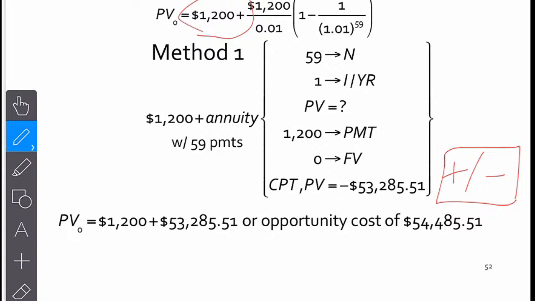No questions? Everyone gets it? If you didn't get it, make sure that you are putting a positive sign on this result and then adding in the 1,200. So that's method 1. Adjusting the formula to the annuity in advance or annuity due formula, and then using your calculator to get the second part, and then adding in the first.